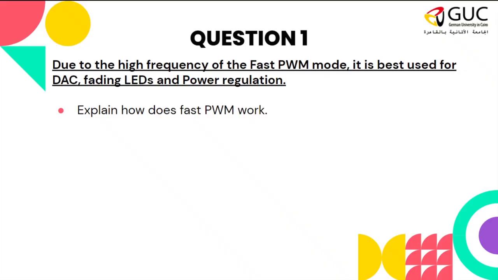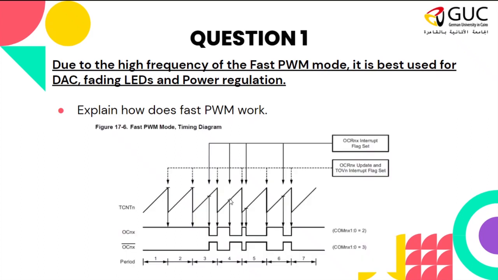Next section. Due to the high frequency of the PWM mode, it is best used for DAC, digital to analog conversion, fading LEDs, and power regulation. Explain how the fast PWM works. Extracting the timing diagram from the datasheet, as we have seen it earlier, we have a counter and a compare bit.